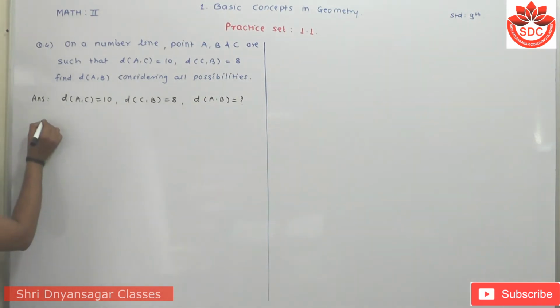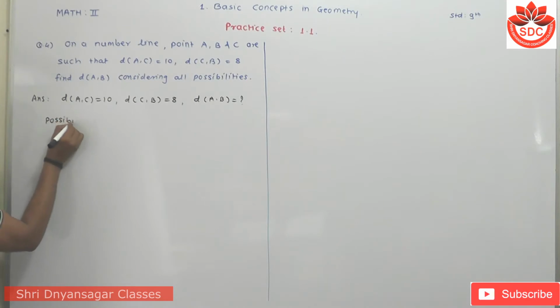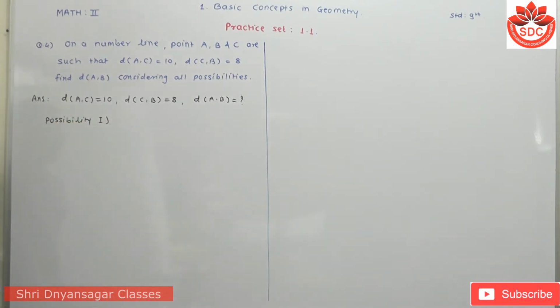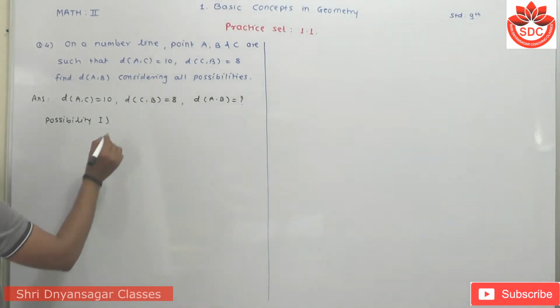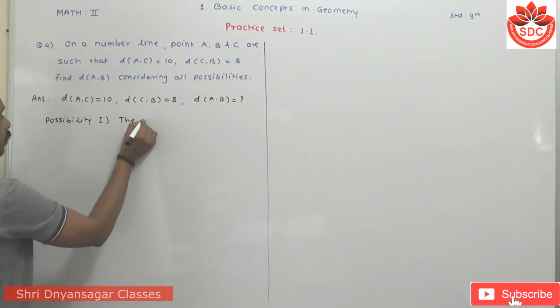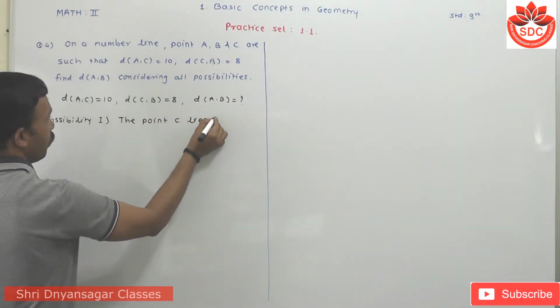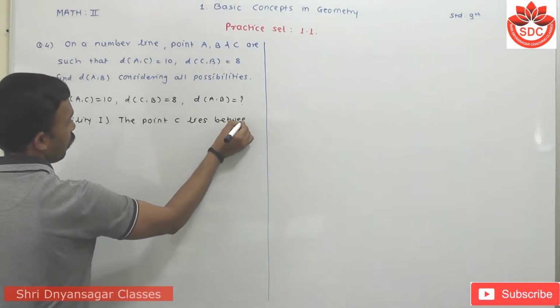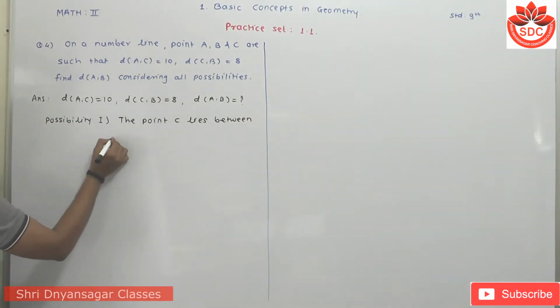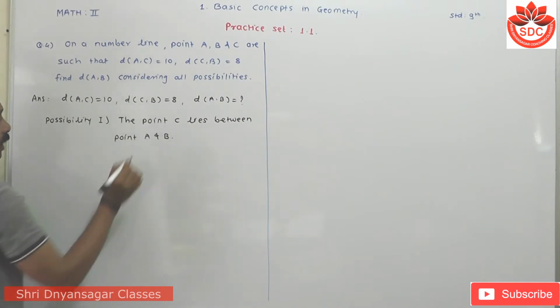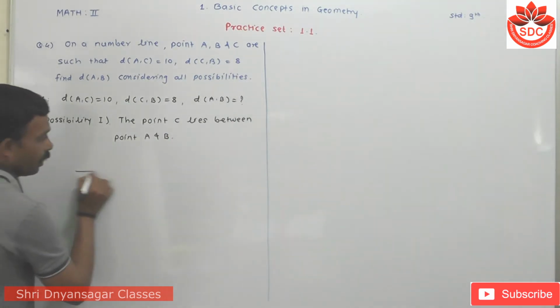Now for this, the first possibility. First we consider that the point C lies between points A and B. For this I have drawn one figure here.